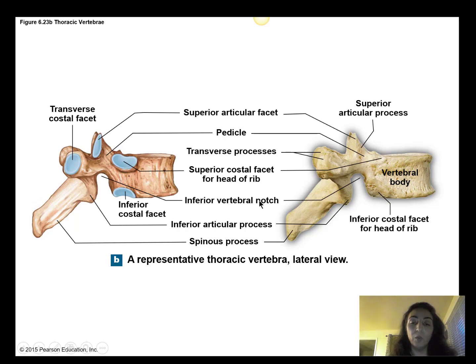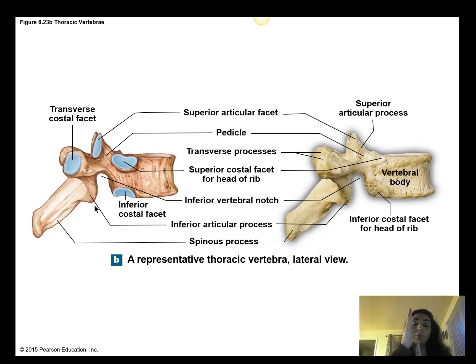This is a good view to see the superior articular process like here, and the inferior articular process here, and the superior articular facet, that's the one that you see here, and the inferior articular facet, that's toward the other side, behind this process. This is the whole process; the facet is on the other side. So these ones might be different between the thoracic and lumbar area too.